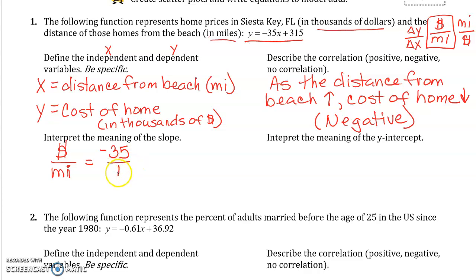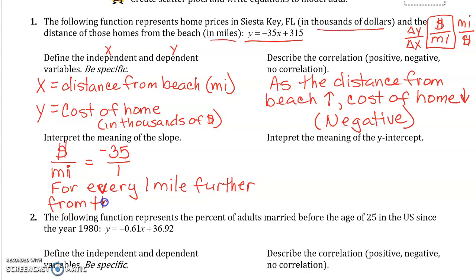How about if we explain it as for every 1 mile further from the beach, what happens to the price of the home? Where does that negative 35 come into play?